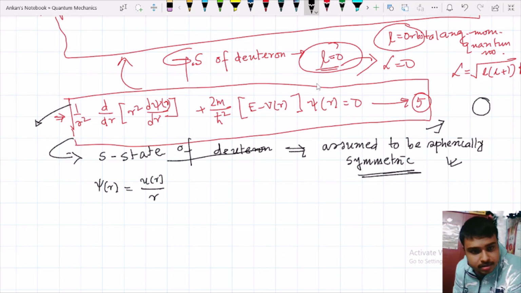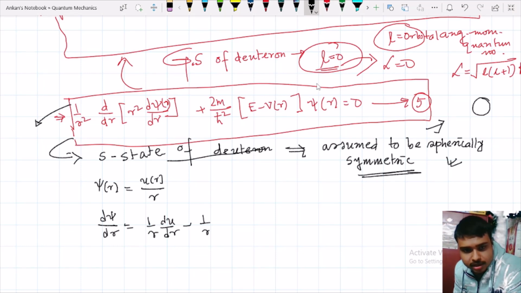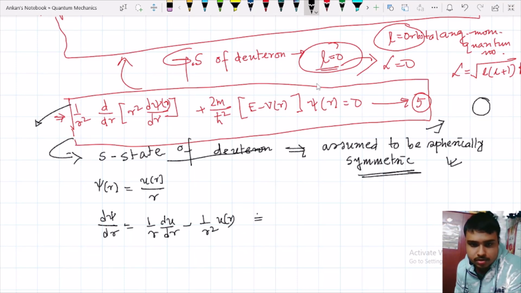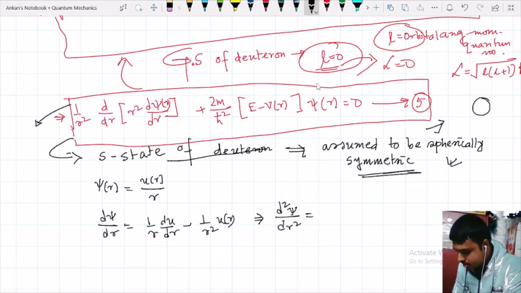Now let's calculate d psi dr. What we will see is that this will equal 1 by r du dr minus 1 by r square u(r). If we consider another derivative with respect to r, then it will be minus 1 by r square d2u dr2.